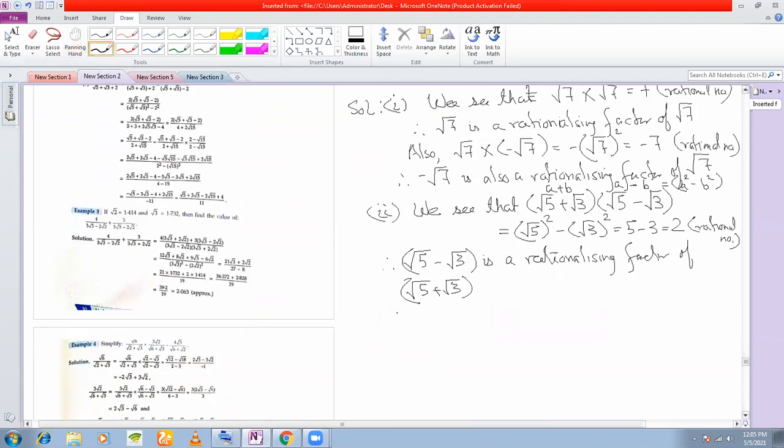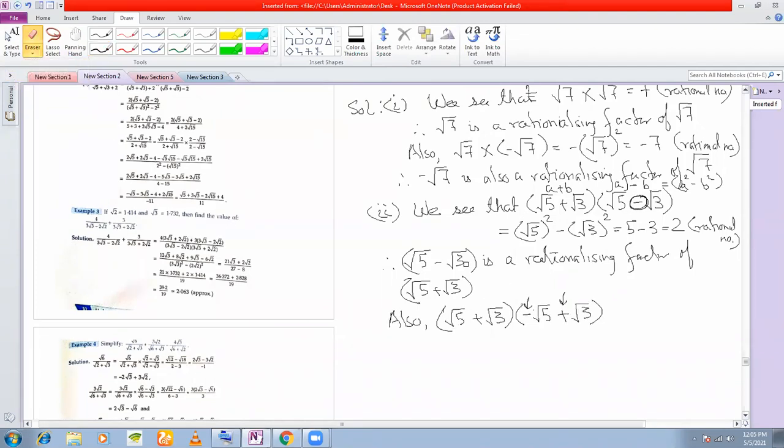Next, we'll say the same. See that I have taken a minus with root 3 here. What if I take a minus with root 5 and keep root 3 as plus? Here I am associating a minus with root 5 and keeping the other sign the same, right?